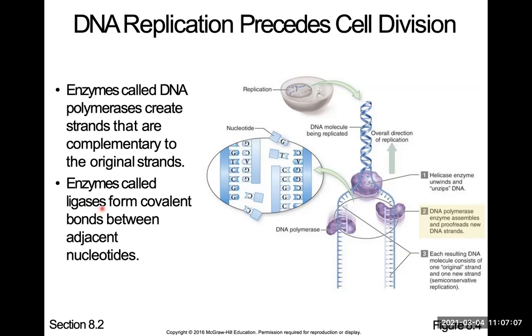Now, before I move on, I want to know if you understand the difference between the 3 enzymes and their functions. So out of curiosity, DNA polymerase, let's say, is a builder, it builds, right?